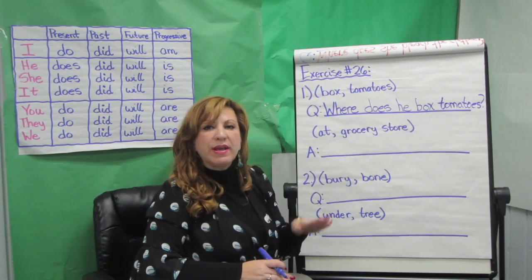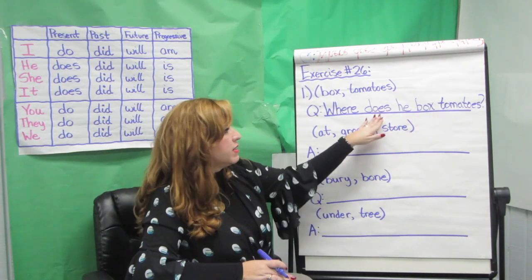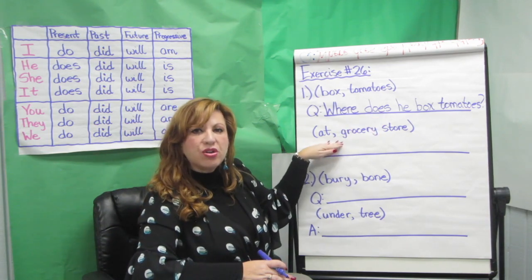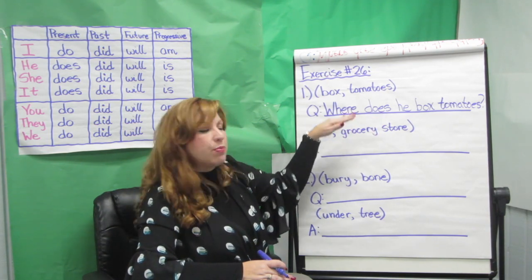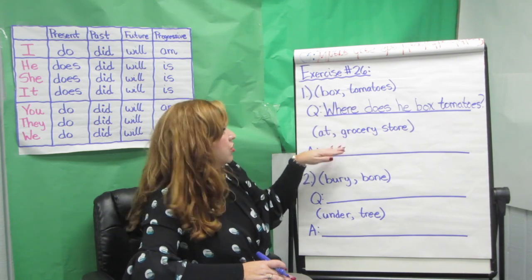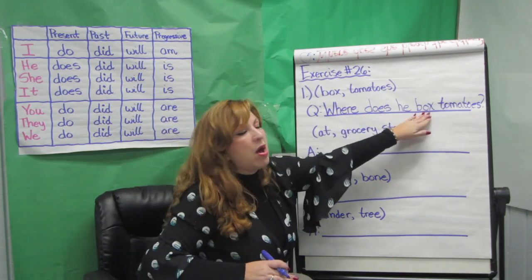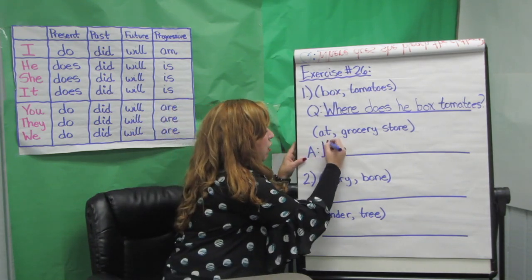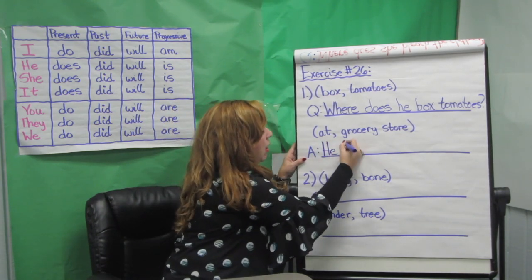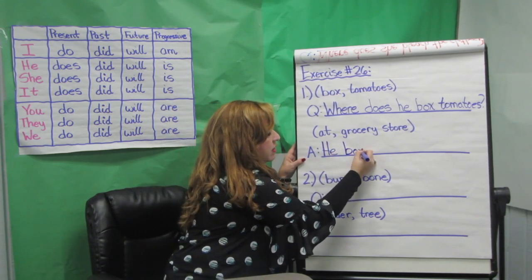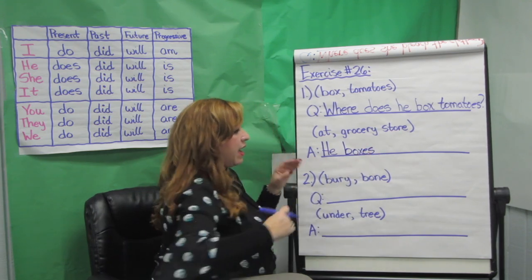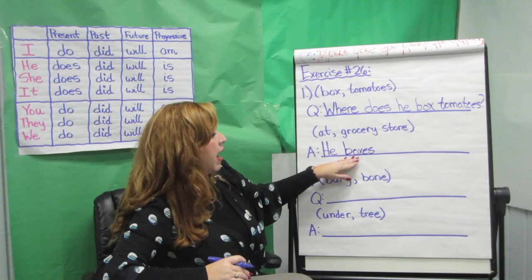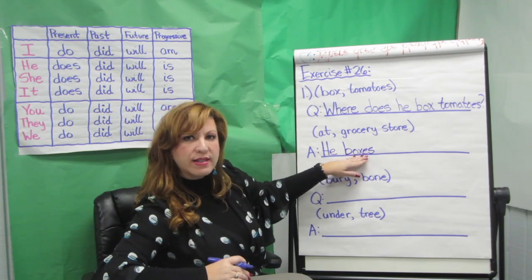And remember, because we are working in the present tense, because we use does, our answer also has to address the present tense. So again, we're going to begin with our pronoun. He boxes. If you remember, we need to add es when it ends with an X to make it present tense.